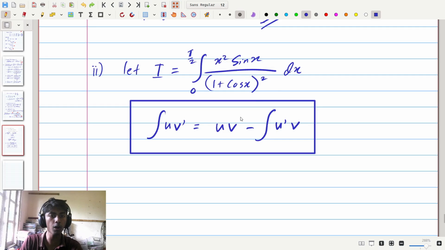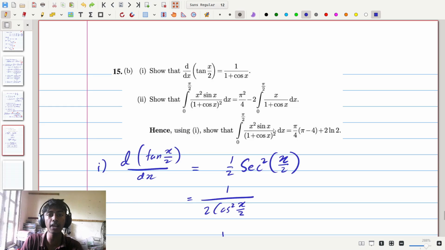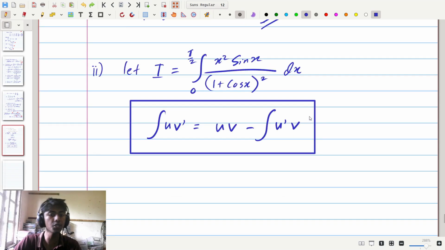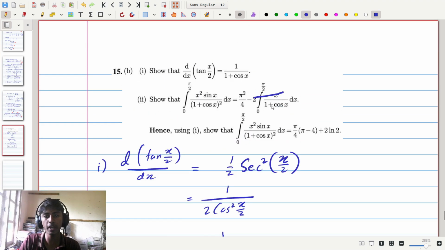Now out of all of them, if we take a look at the final answer that they've given here, we can see we have 2x and 1 over 1 plus cosine of x. Therefore, when we take u and v, we should eventually get u prime times v being equal to 2x divided by 1 plus cosine of x.